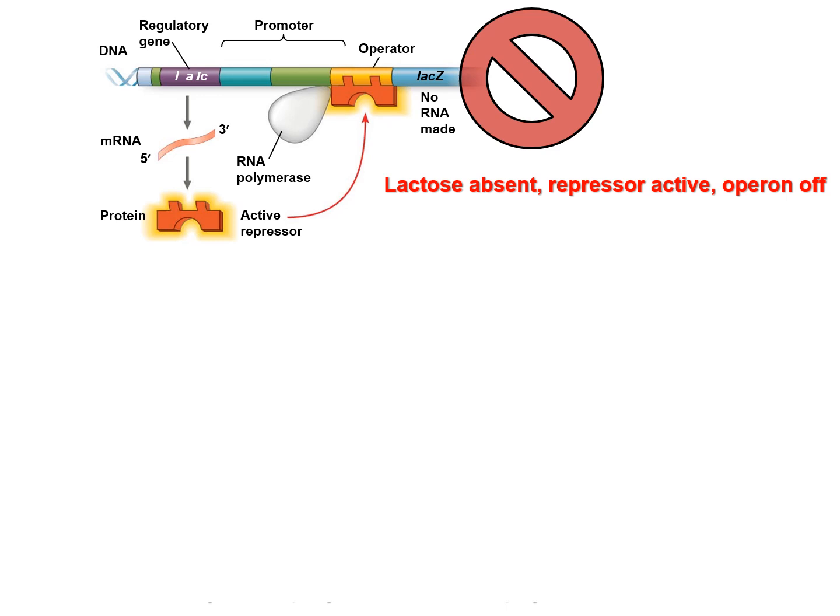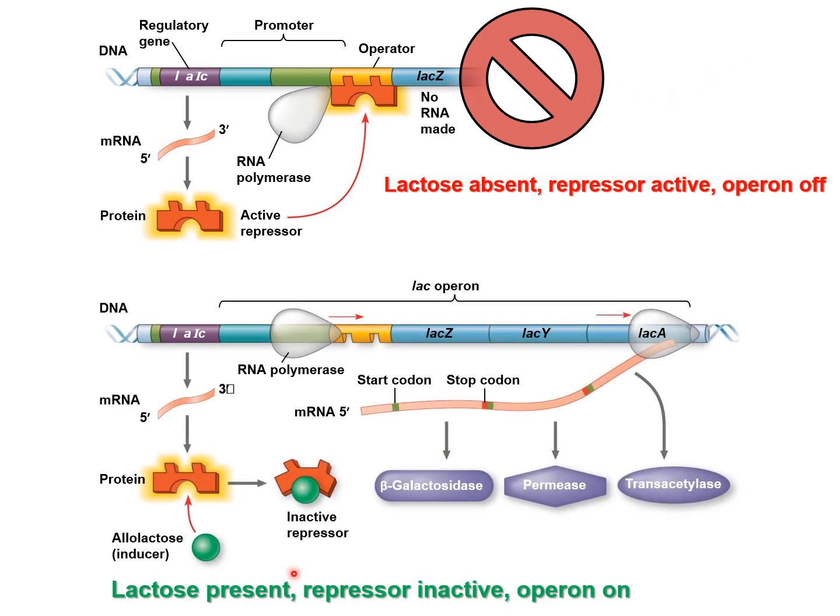So the default condition would be an active repressor preventing the transcription of the lac operon. We get that inducer, the inducer binds the repressor, shuts it down, and we get transcription of the, in this case, three genes that are under the control of this operator, this operon.